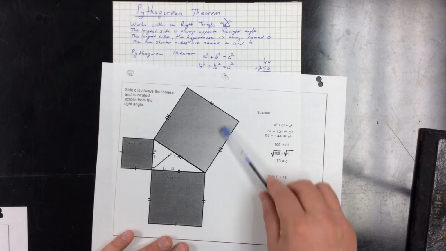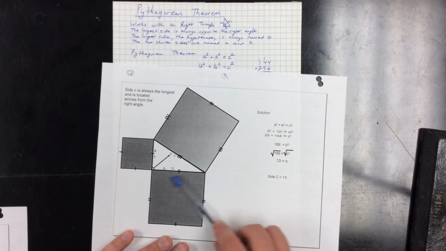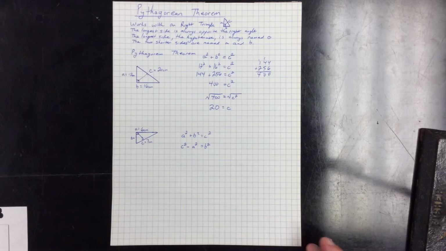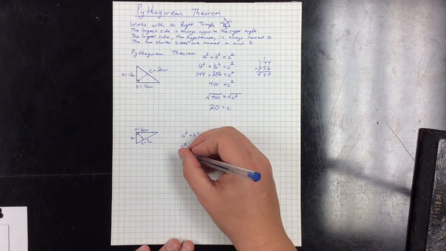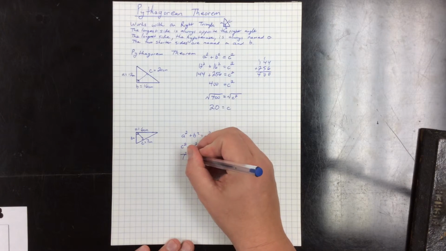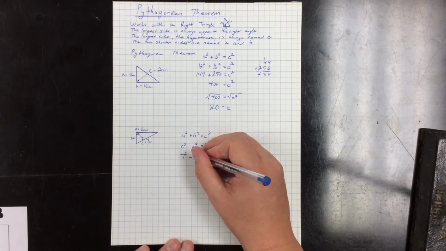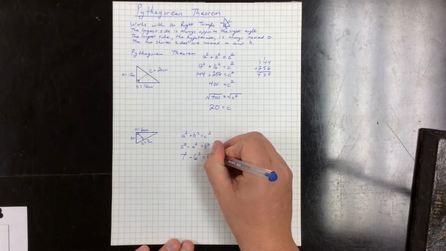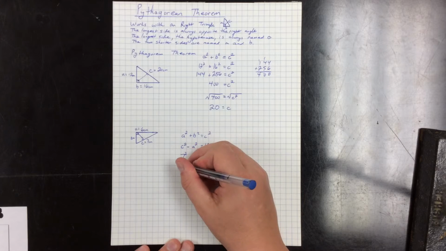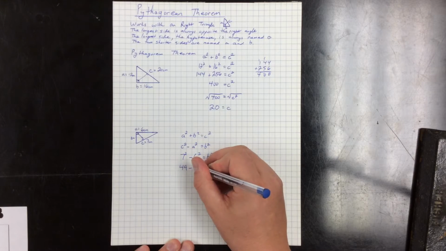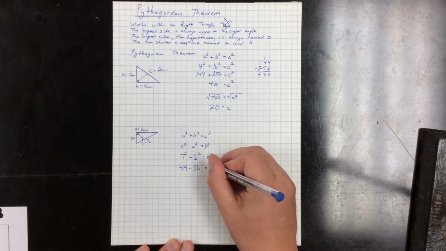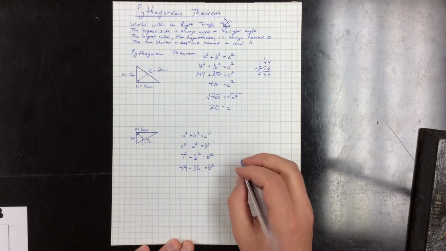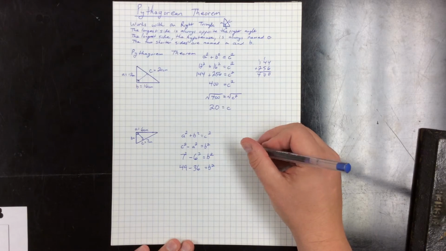So I'm saying C squared subtract this chunk is going to give me this chunk left. So C squared, or 7 squared, subtract A squared, which is 6 squared, should give me this missing side squared. 7 times 7 is 49. 49 minus 36 is B squared.